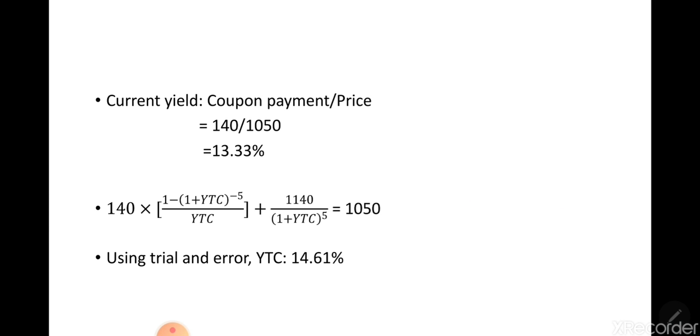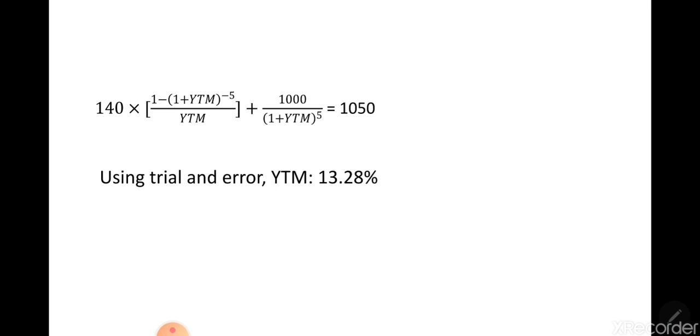So over here, if we put the values in the bond valuation formula, 140 will be the coupon payment. Sorry, this should be 20 and this should be 20 as well. N is 20. So 140 is the coupon payment. You do not know what the YTM is, and N will be 20 over here. The maturity value is 1000 and the bond value is 1050.